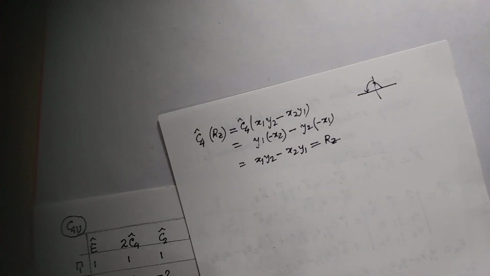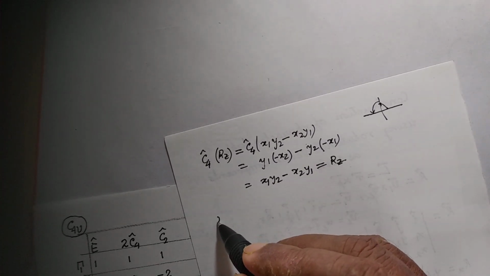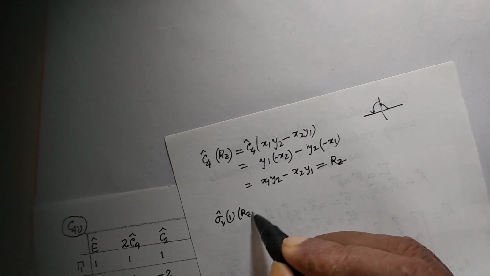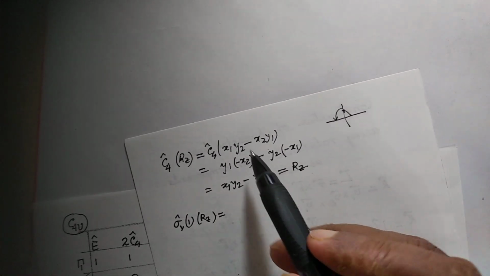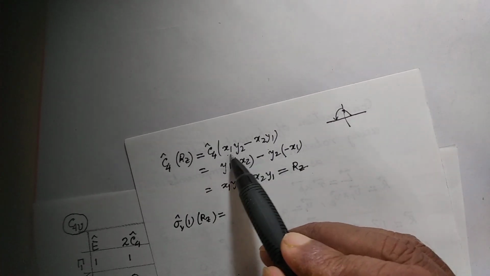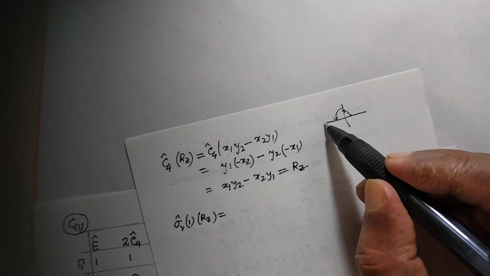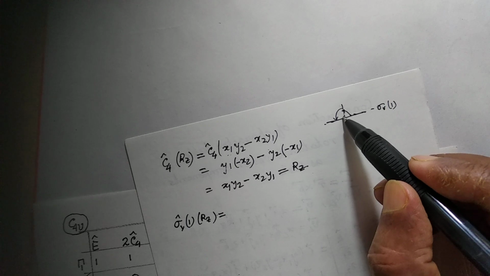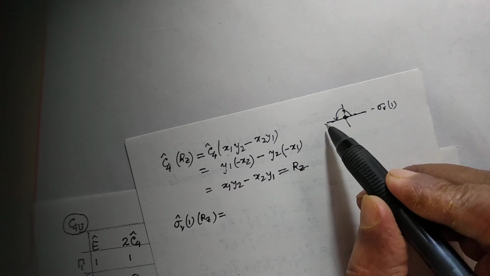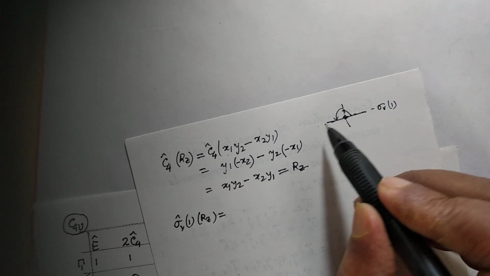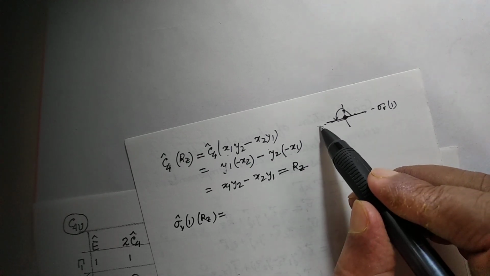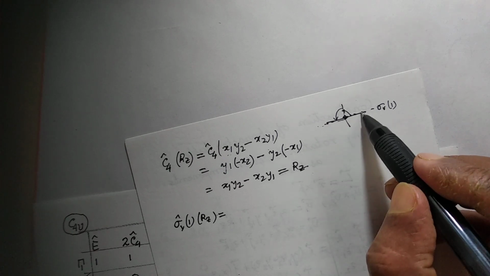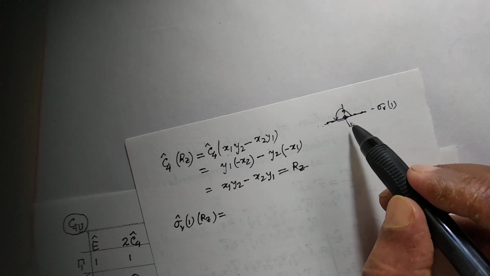Let us apply the sigma V1 operator on RZ. Sigma V1 is this XZ plane. The Z-axis is perpendicular to this plane, and the XZ plane is a vertical plane containing the x-axis. Therefore, x remains unchanged and y is transformed to minus y.